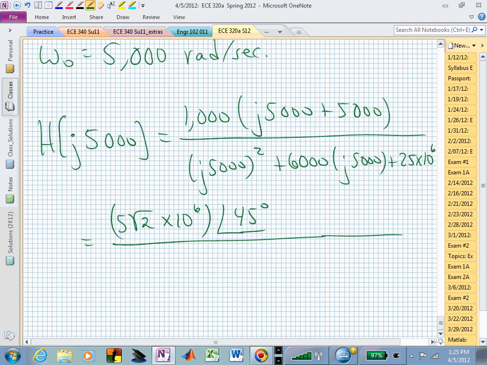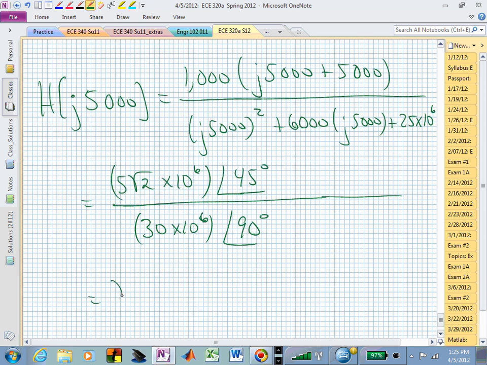The other one we might want to do some number crunching, but it ends up being 30 times 10 to the 6th at an angle of 90 degrees. I then end up with the square root of 2 over 6, and what's my angle?